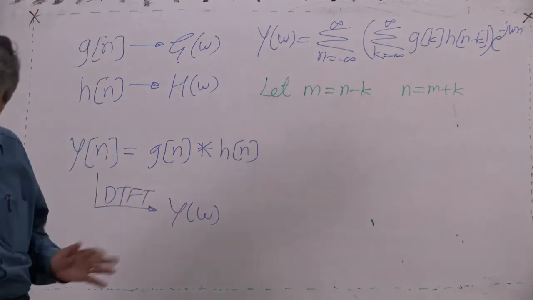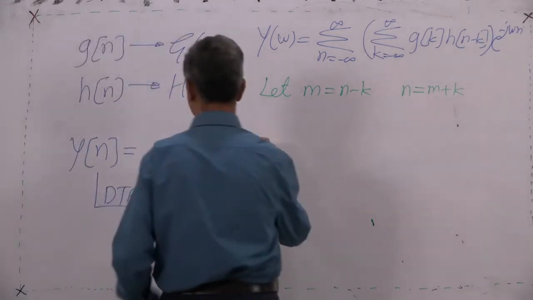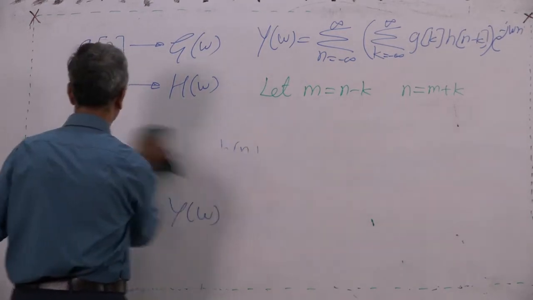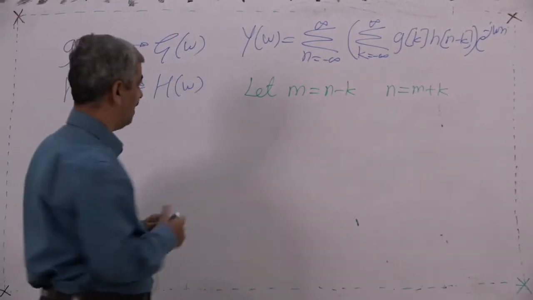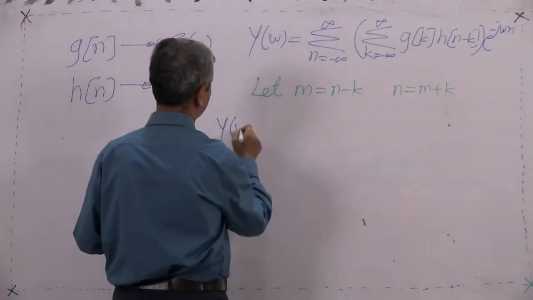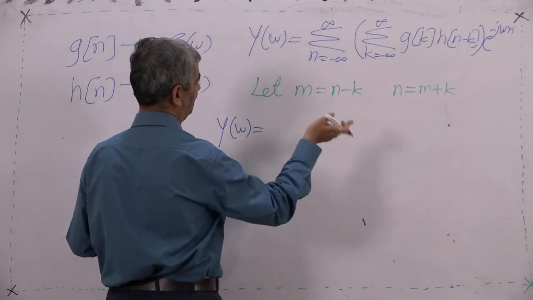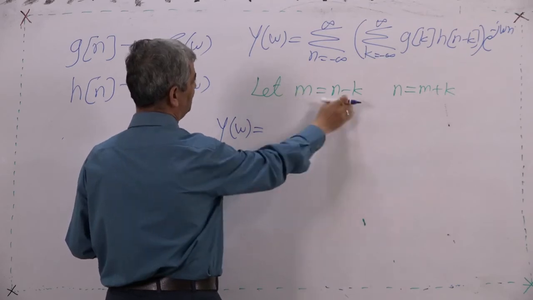So with this now, how will the term become? Y omega is equal to, I think we create more space. So y omega is equal to, n is m plus k, m is n minus k.